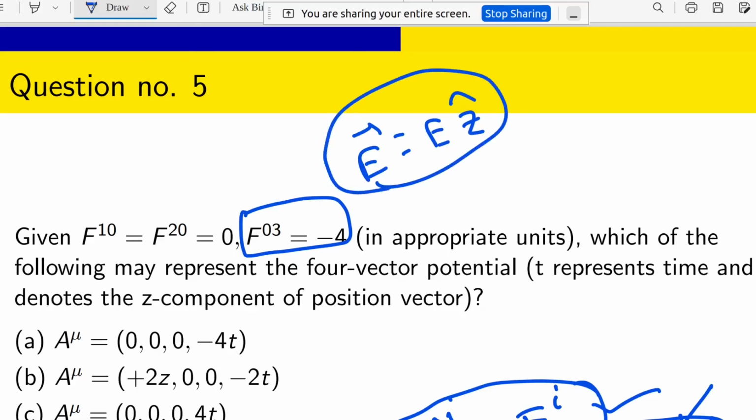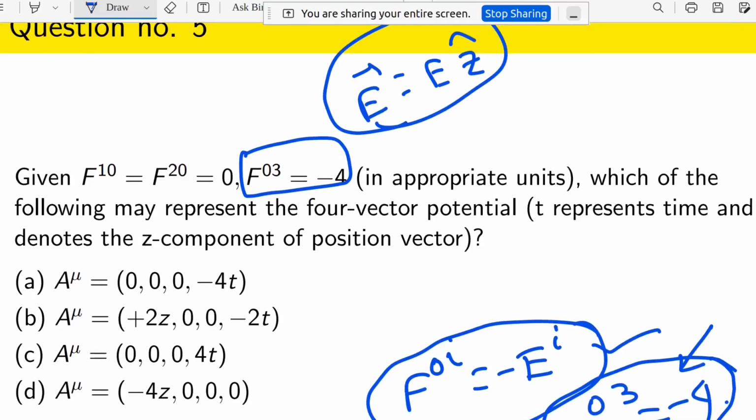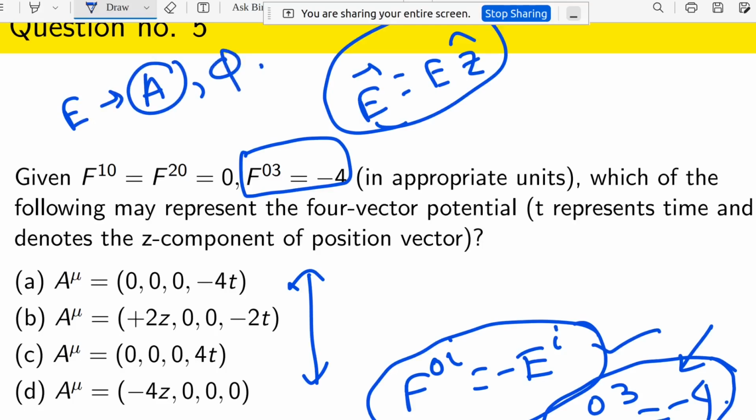But what is the use of this conclusion in that question? In that question they are asking about the A mu expression. So first of all I am just going to go through the options one by one. You know E has a relation with A and phi, right?